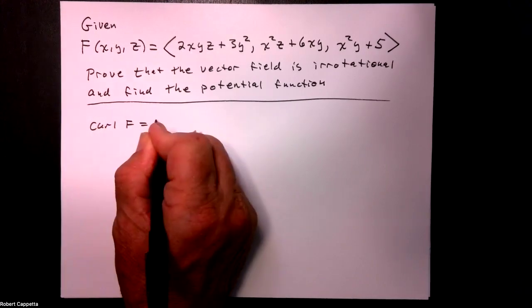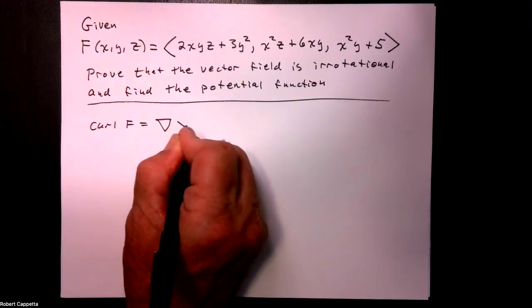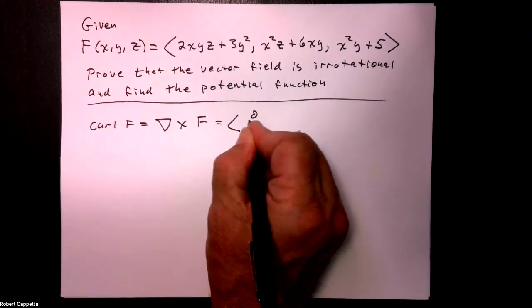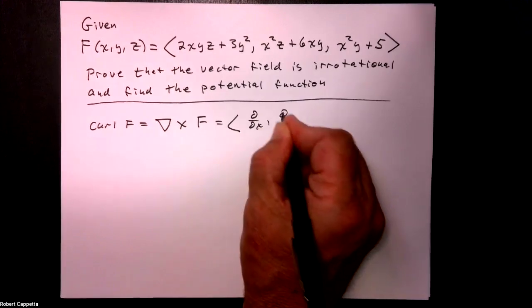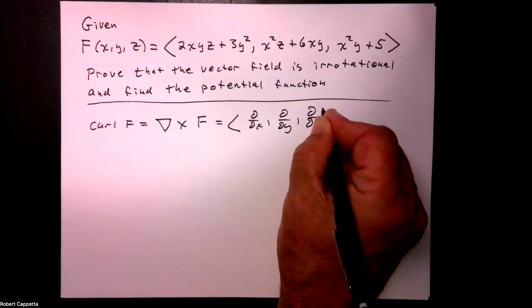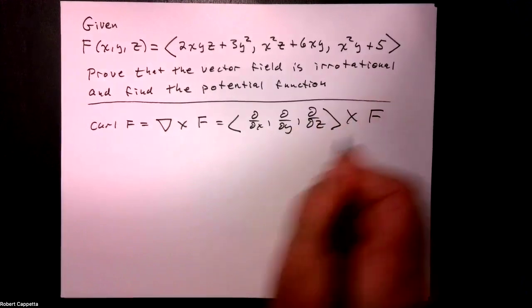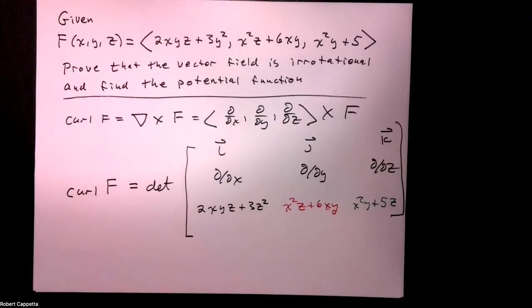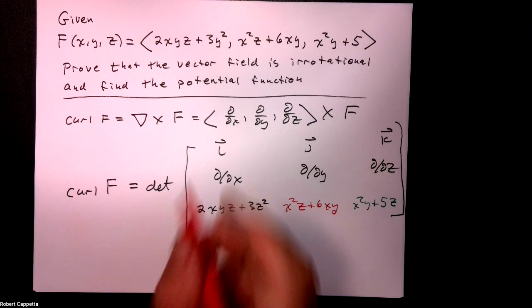The curl of F was simply the cross product of the del operator with that function F, the del operator being partial with respect to x, comma, partial with respect to y, comma, partial with respect to z, crossed with F. So let's build our matrix of interest here to find the curl. So i, j, k across the top, remember it goes plus, minus, plus.